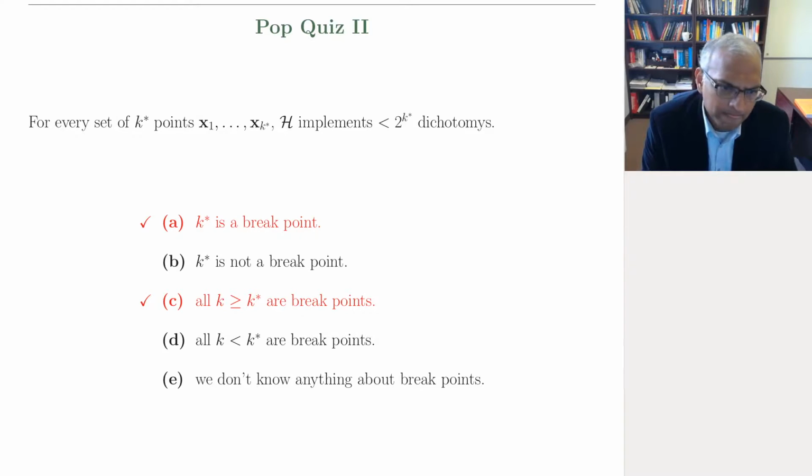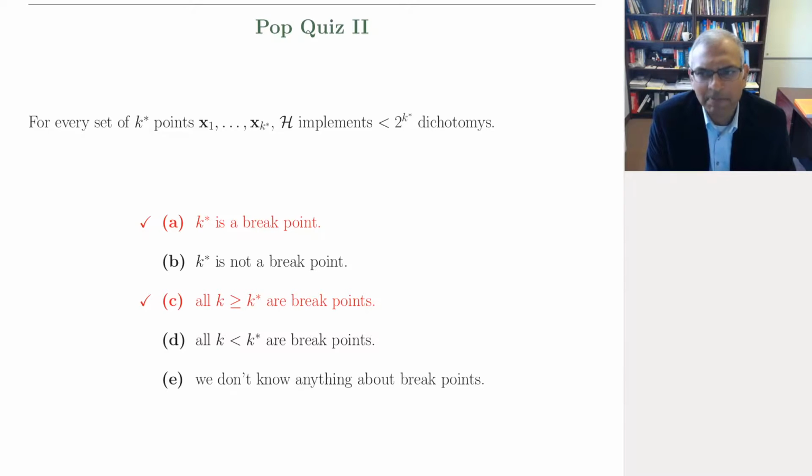Now, if you observed that once you have found a breakpoint, if your hypothesis set cannot shatter k-star data points, no matter how you arrange them, then you cannot shatter any larger number of data points, no matter how you arrange them, then you would have said C, and that's great.